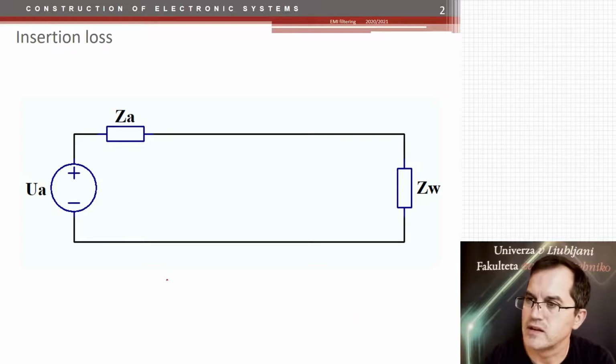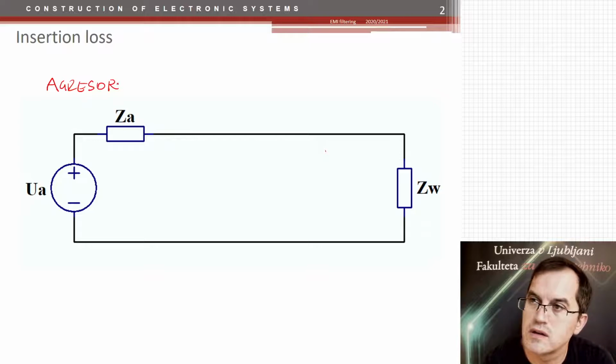system like that. So we have a source, and this source would be an aggressor. Here we have the aggressor. An aggressor has some sort of a source, a noise source, the aggressor voltage.